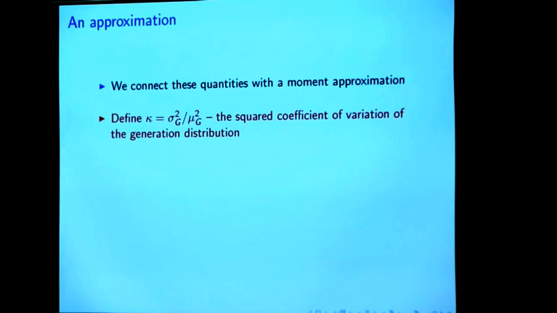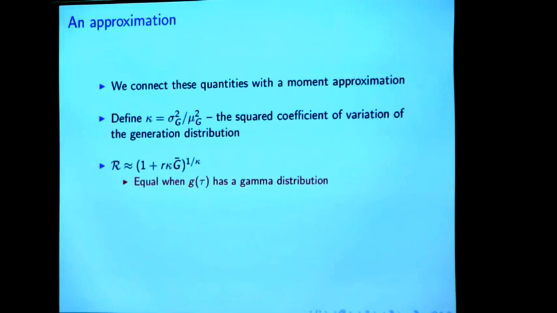We define a single unitless shape variable, which is the squared coefficient of variation of the generation distribution. And we now have an approximate framework that depends not on this G hat, this nice intuitive but slightly fuzzy quantity, but on G bar, the actual estimated mean generation time.